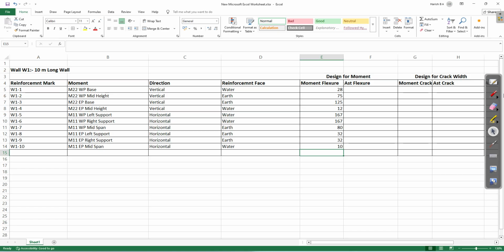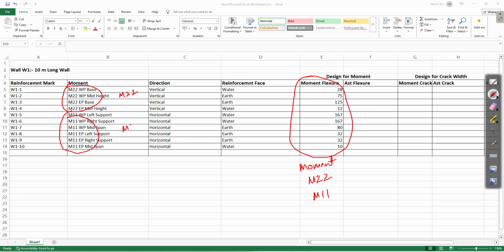See here how you got this table, this column. These are moment values, which include M22 and M11. These four are M22 values, vertical bending, and these six are M11 values.